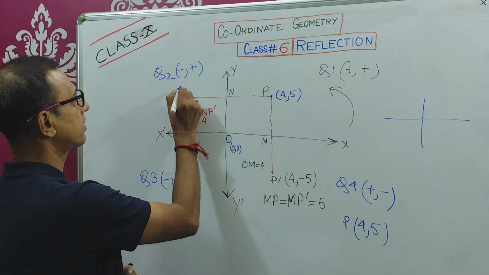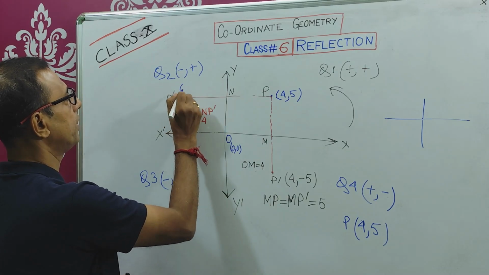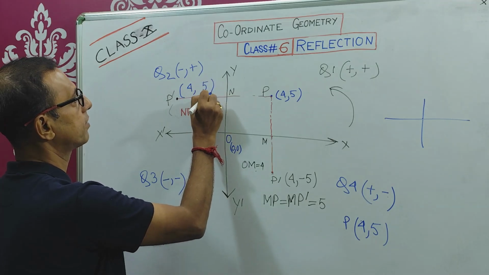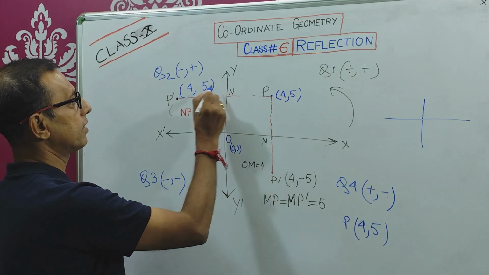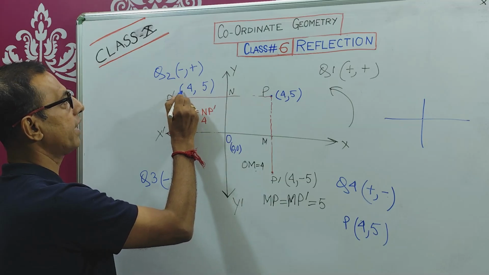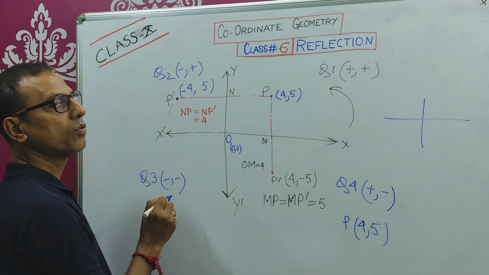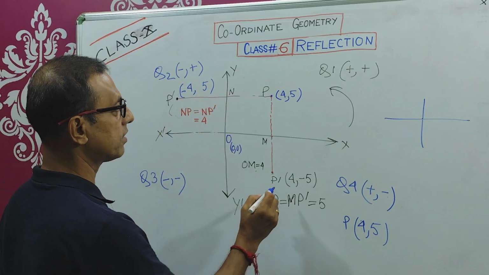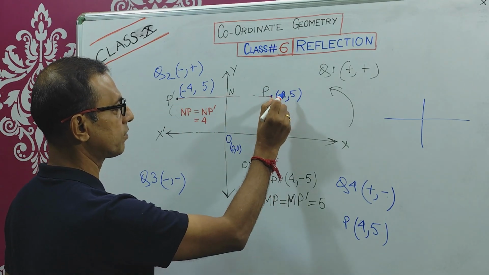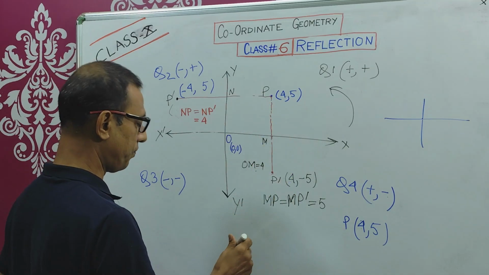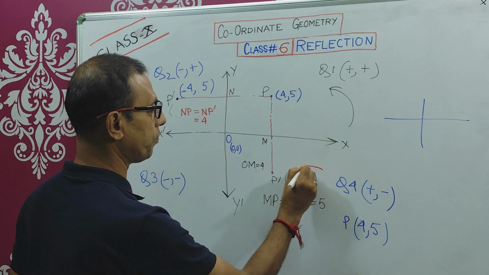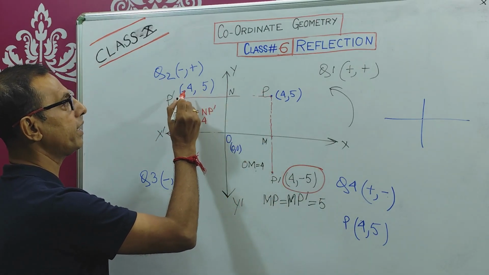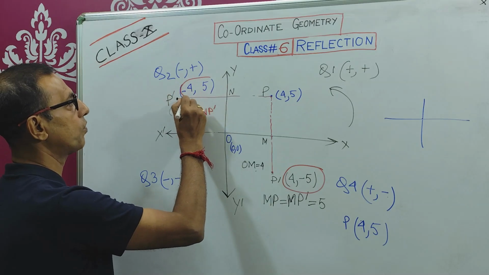So if I say the value, meaning the numeric part, it is again 4 and 5, but it is in the second quadrant, where x is negative, so it will be minus 4, whereas y is positive, so it will be (minus 4, 5). So when it is reflecting on the x-axis, the point (4, 5) has the image coordinate (4, minus 5), whereas if it reflects on the y-axis, the image will be (minus 4, 5).